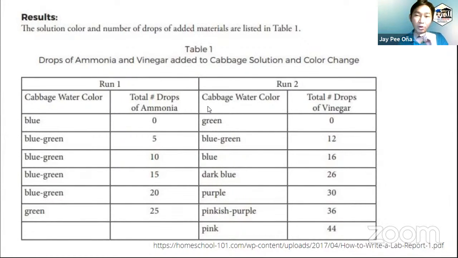On the acidic side naman, when you put vinegar, ito parang tinuloy lang nila to from green. So ibabalik nila sa blue-green by adding vinegar. So this is base and this is acid. From green, it turned to blue-green again, and then to blue, dark blue, purple, and lastly, pink. So makikita natin, talagang nagbabago-bago yung kulay depending on the pH of the reaction mixture.